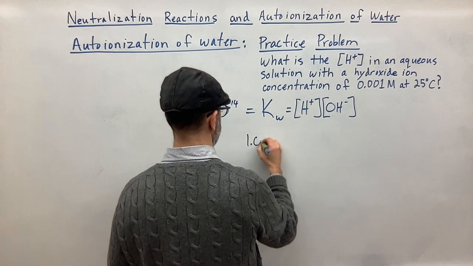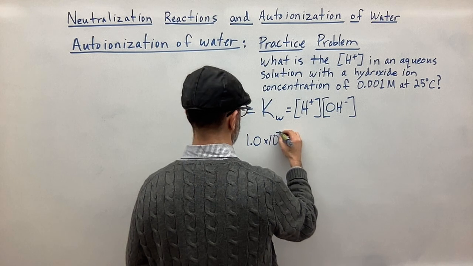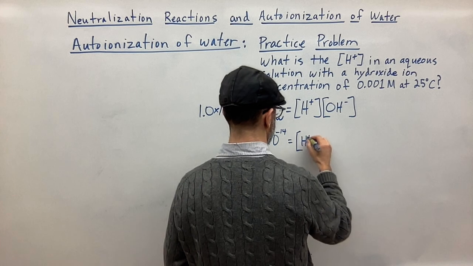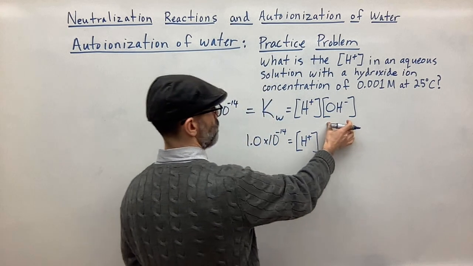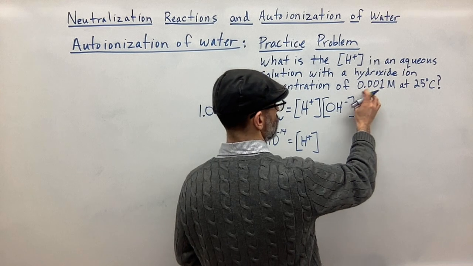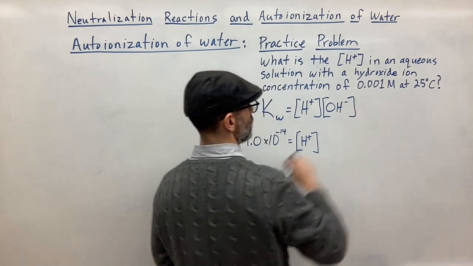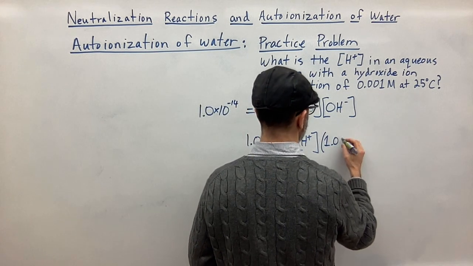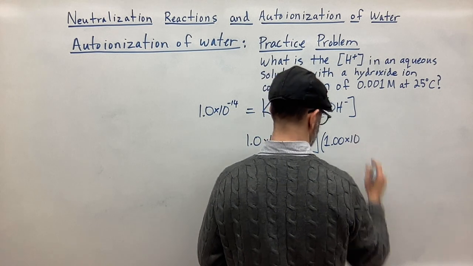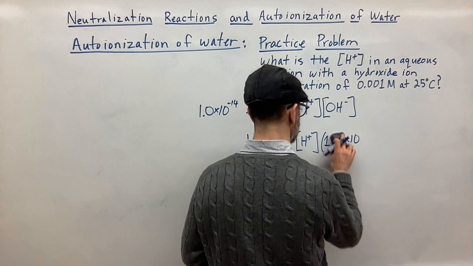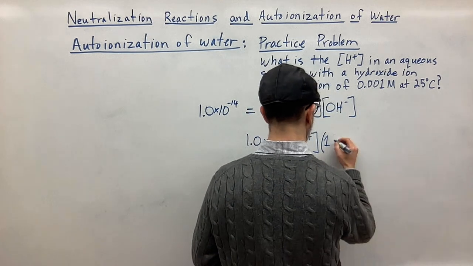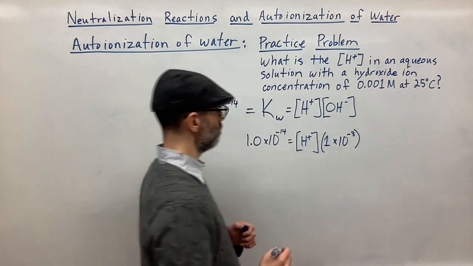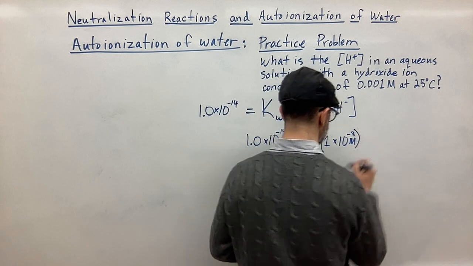We have 1.0 times 10 to the negative 14 is equal to the concentration of H plus multiplied by the OH minus concentration. So this is 0.001, which is the same as 1 times 10 to the negative 3.